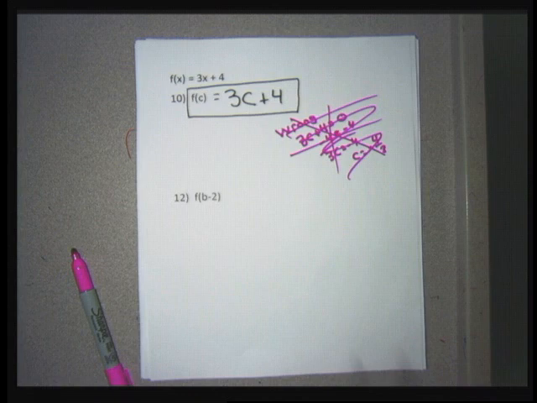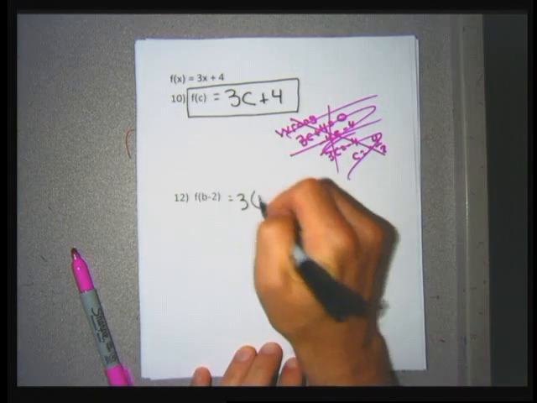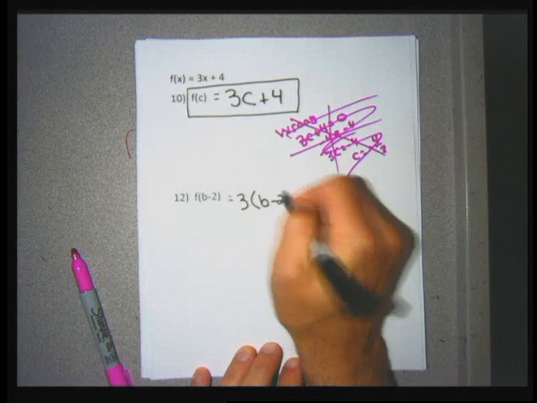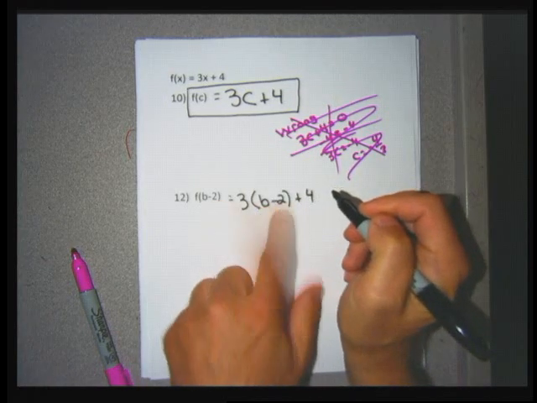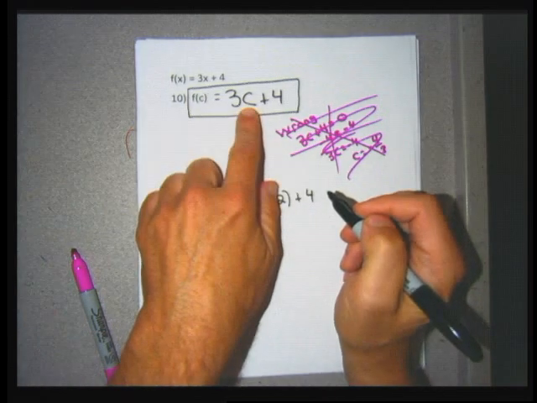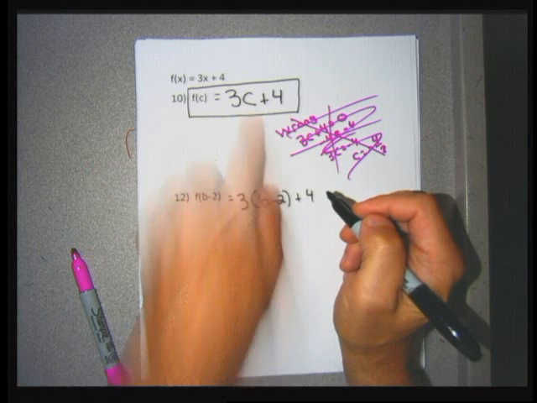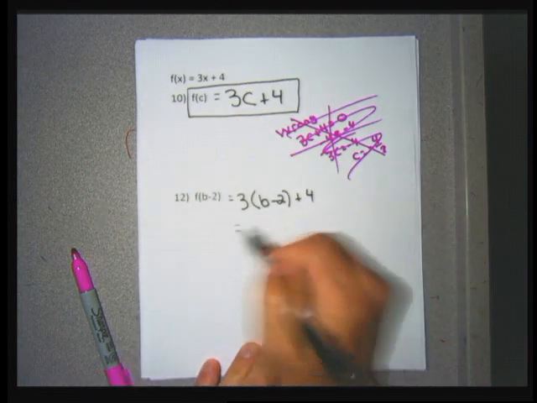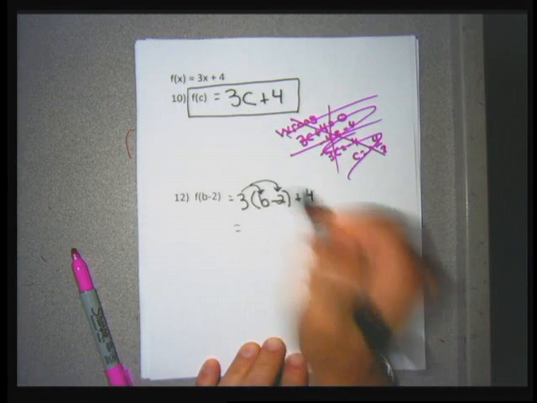Similarly, for problem 12, I'm going to change the x to the letters b minus 2. In this case, I need to use a parenthesis, so I'm putting more than just one thing in for the x. Writing the c in a parenthesis wasn't necessary because 3 and then parentheses c would still mean 3 times c. For this problem, I'm going to need to do some algebra to simplify it, but I'm not going to set it equal to 0.